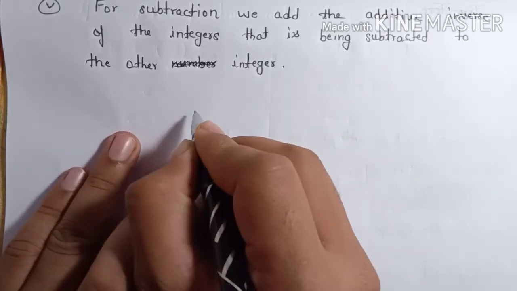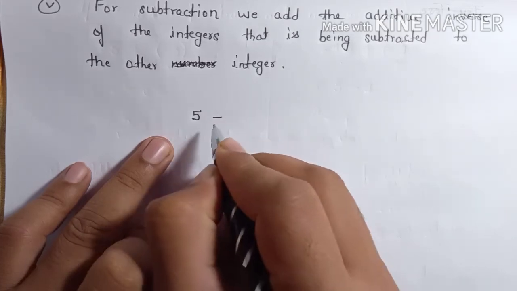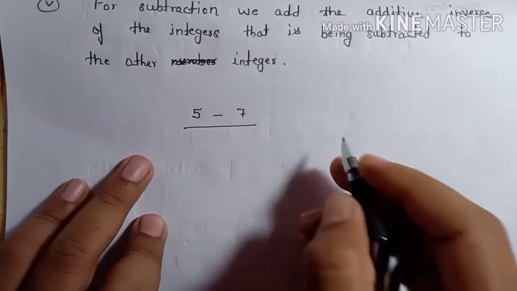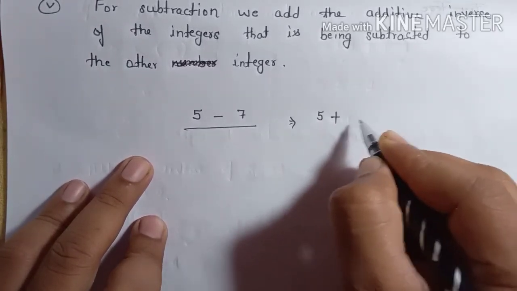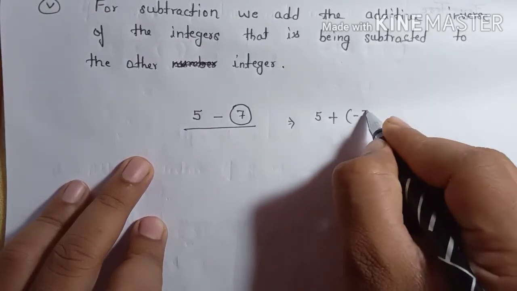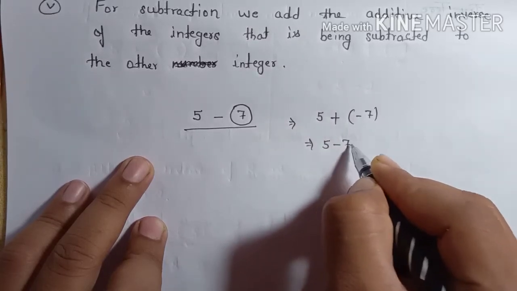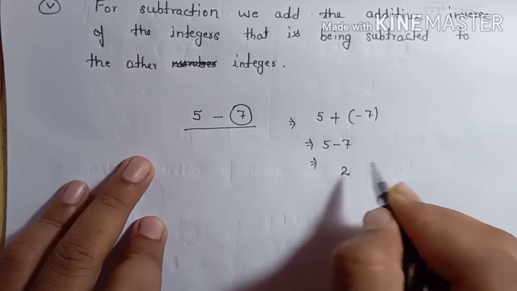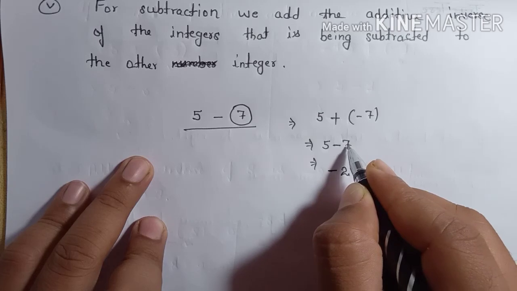See, if it is 5 and you want to subtract here 7, we actually add the additive inverse of 7, which is minus 7, and the result is 5 minus 7. Right, here 7 minus 5 is 2, but the sign will be of 7 because that is the greater integer.